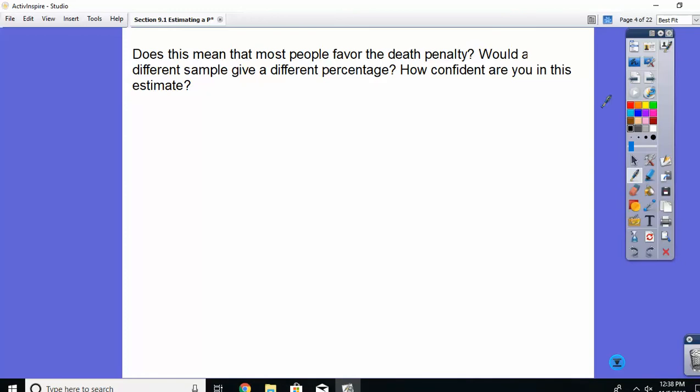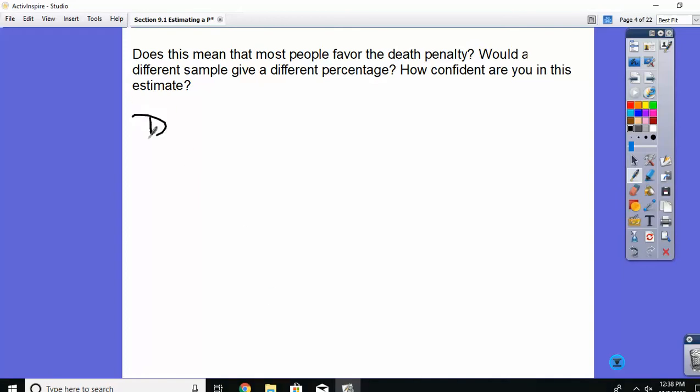Yes. Absolutely. Every sample is probably going to give us a different number. So we have to be able to ask, how confident are we? And we are leading into this idea of a confidence interval. So we need to be able to assign some kind of interval so we know what range we should expect.